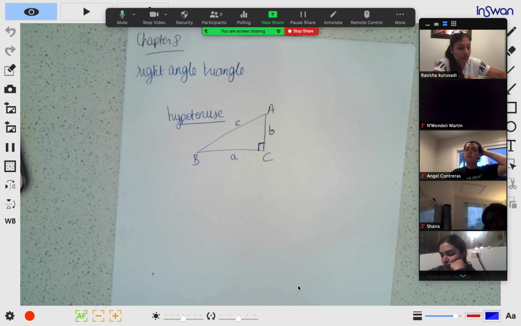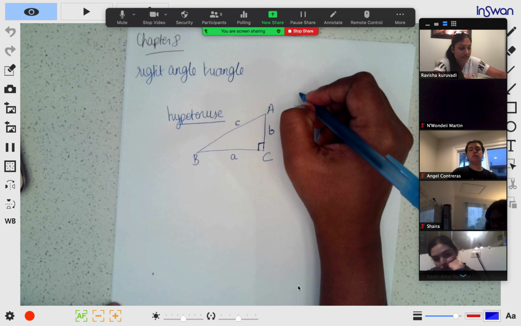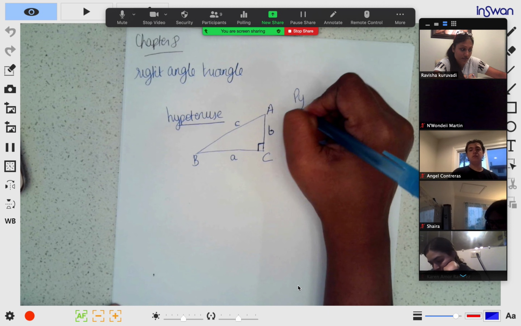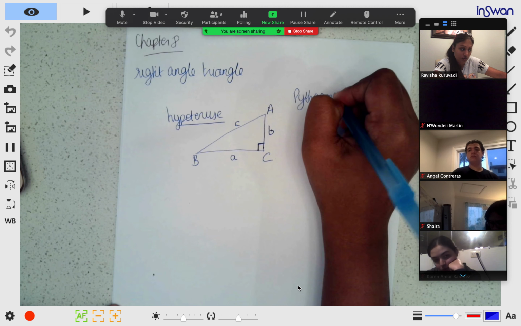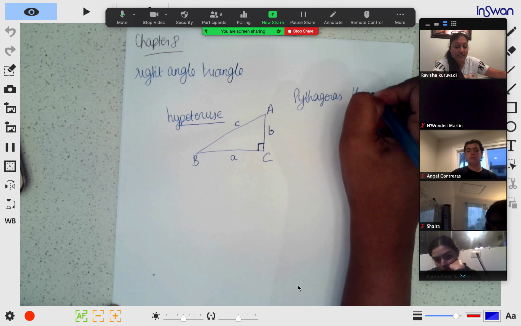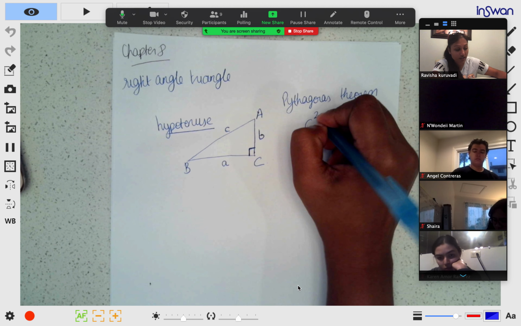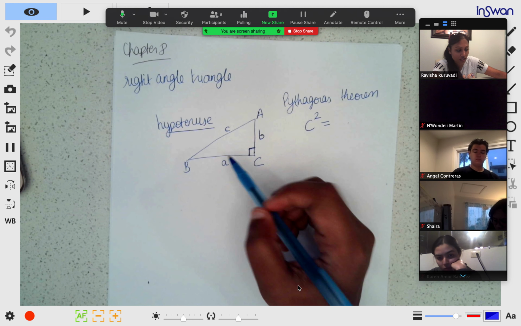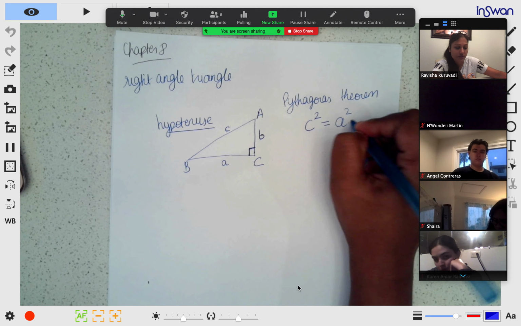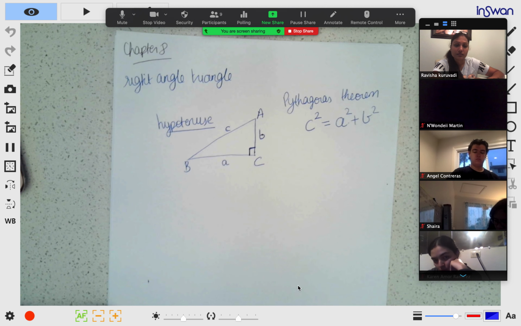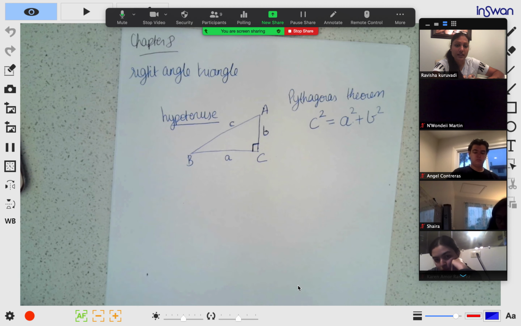There is also a special property known as the Pythagoras theorem, which says the longest side squared, c square, will be equal to the sum of the squares of the other two sides.